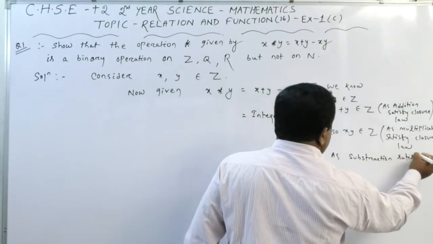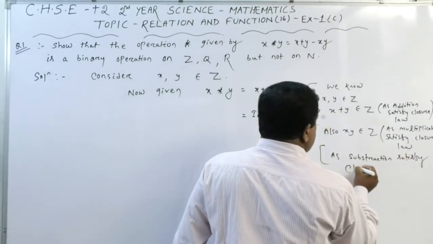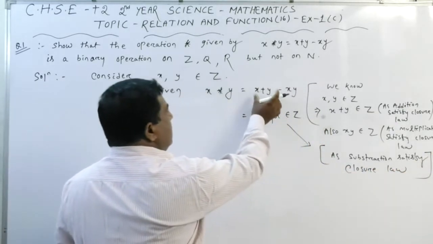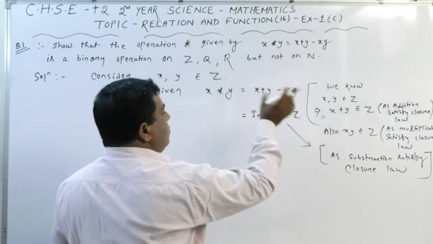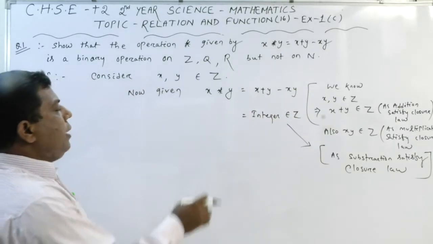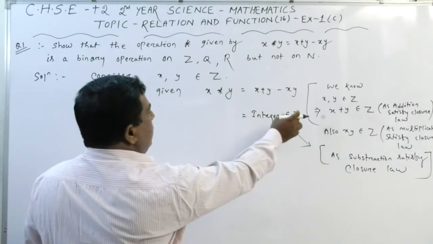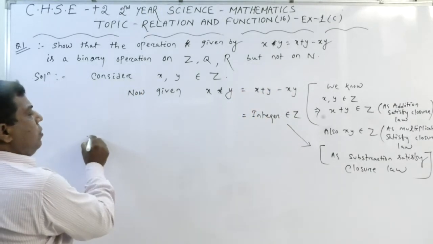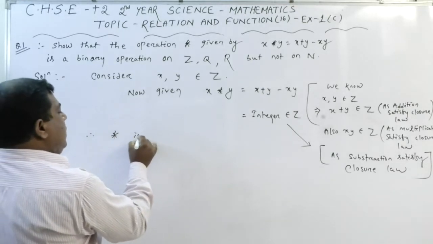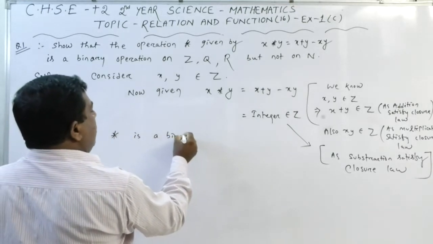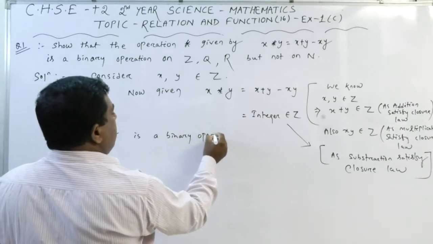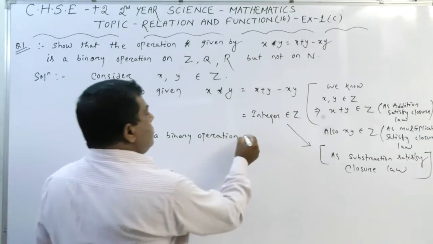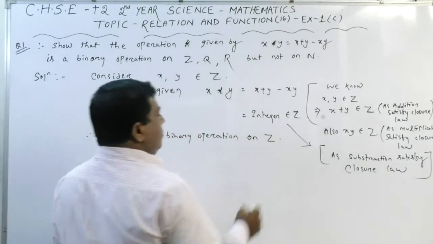So x star y is an integer value belonging to Z. Clear, my dear students? Therefore, star is a binary operation on Z.